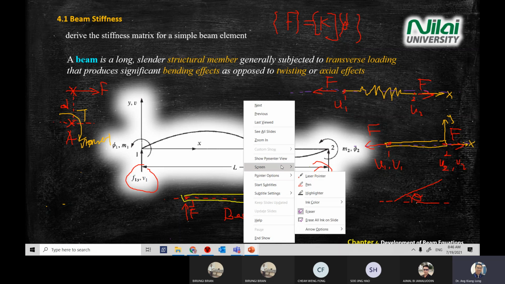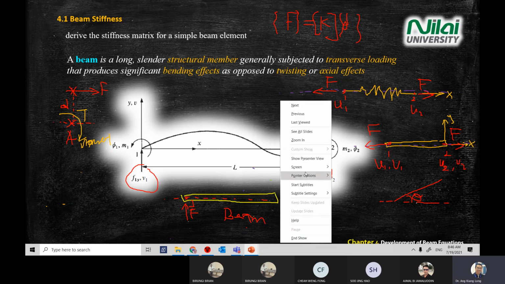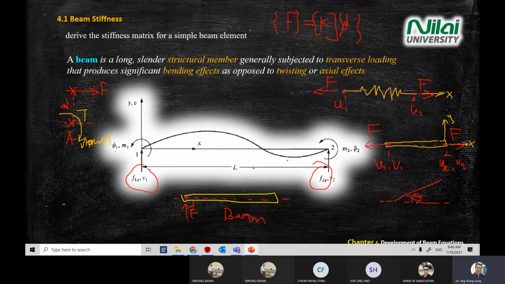Okay. Just now, Sue, you mentioned one thing, that there will be a force in x direction. However, this x direction does not contribute to moment. Okay, let me use the blue color. There can be a force along here, an F1x, and an F2x here.